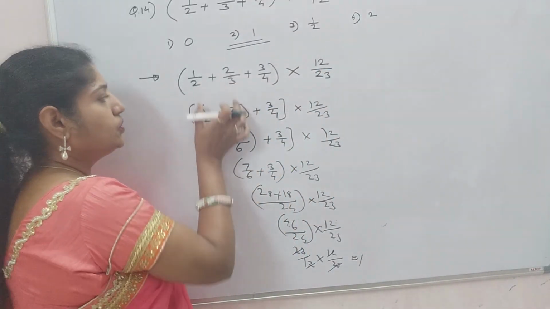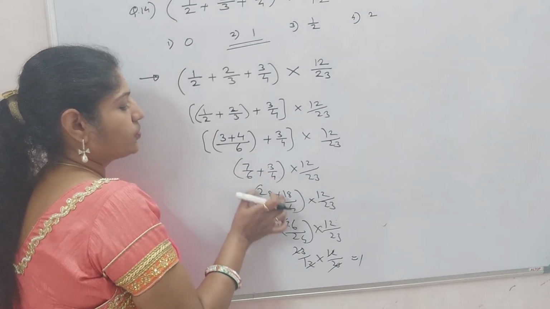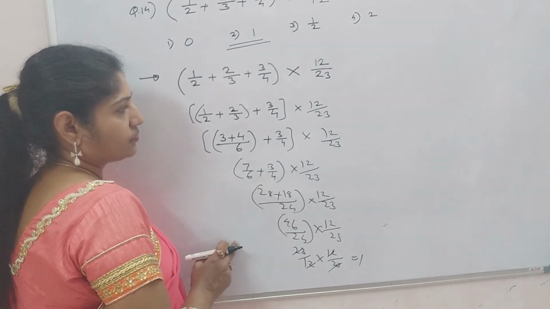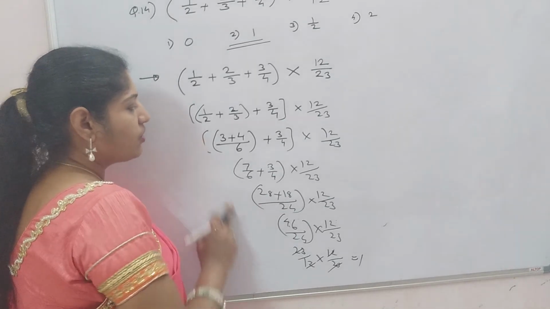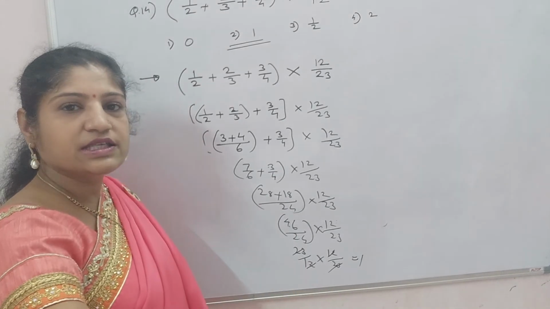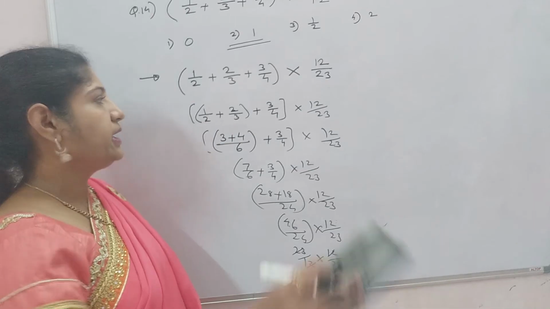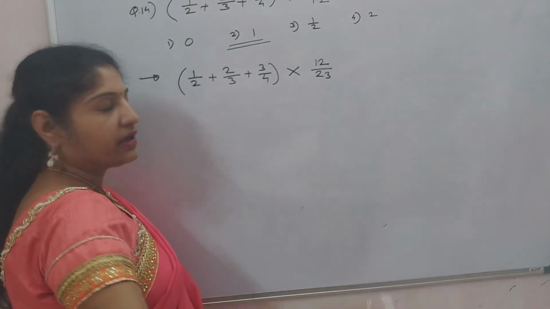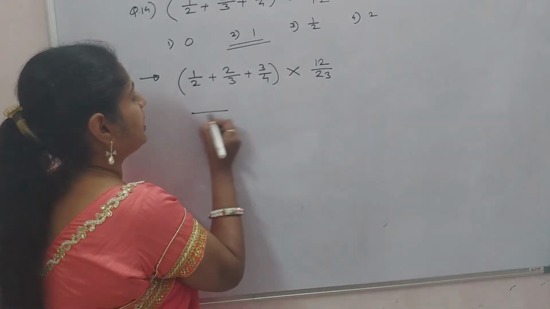Solving two first and then adding the third number is the long procedure, so I take the LCM of the three numbers and add all three at a time, that is 12.